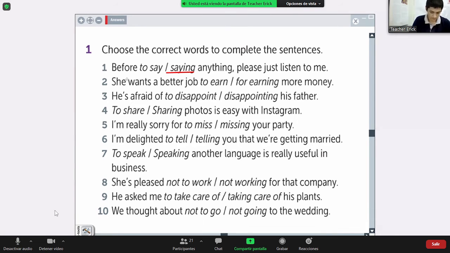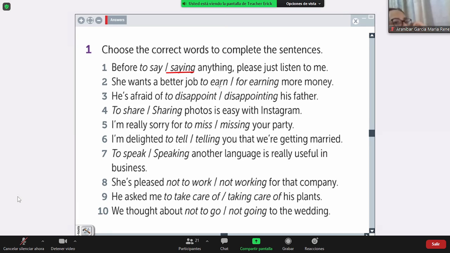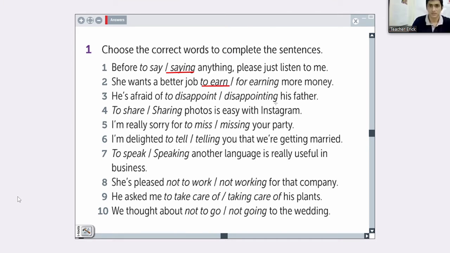To earn. To earn. Okay. To earn more money. She wants a better job, maybe a purpose. Okay, so number 3, he's afraid of to disappoint, afraid of disappointing.